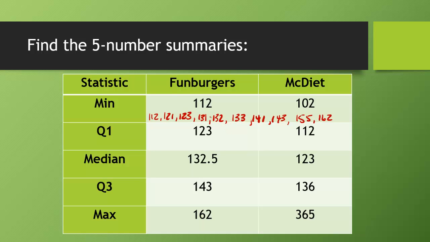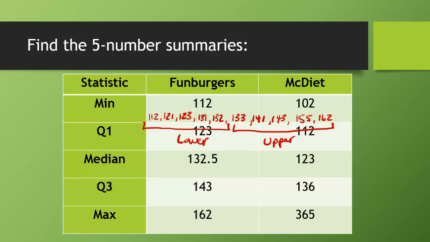So I have a lower half and an upper half, because I split it. I screwed that up, so hold on. It should be 5 and 5: 1, 2, 3, 4, 5, and 1, 2, 3, 4, 5. So this would be my lower half and my upper half. But our median is not readily apparent.